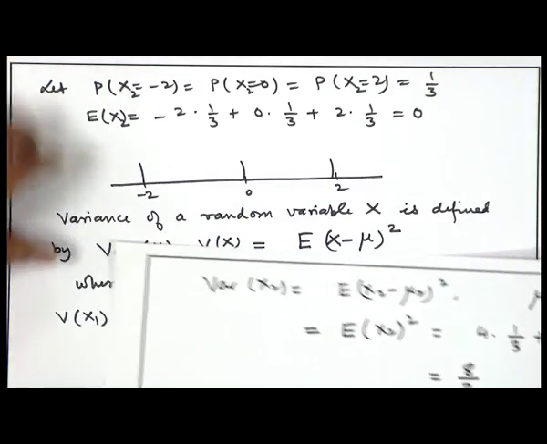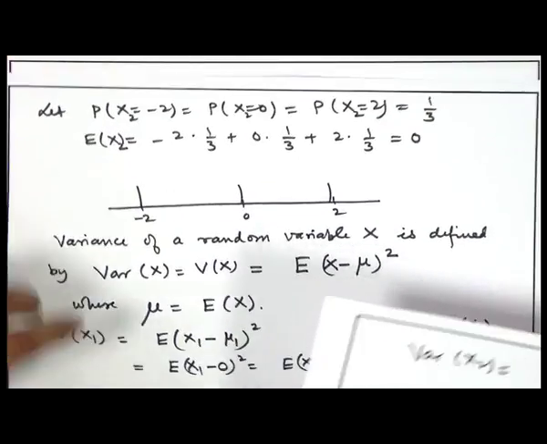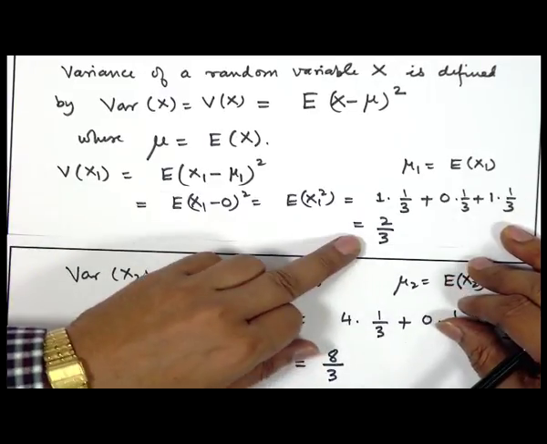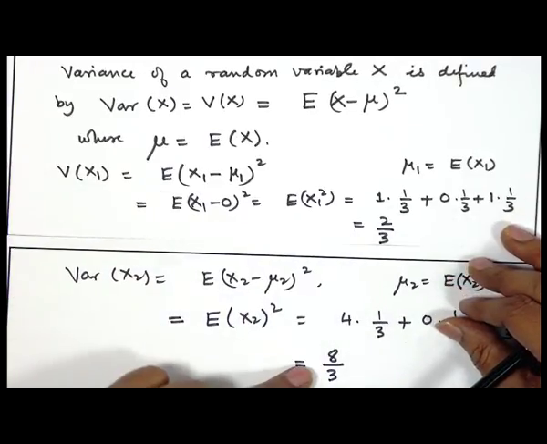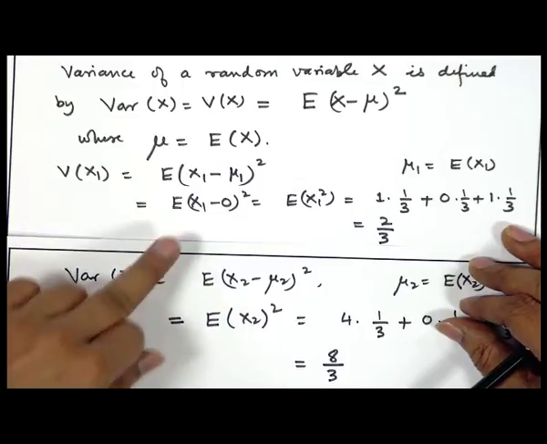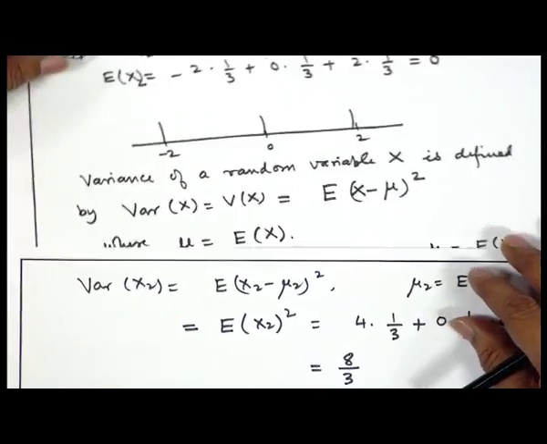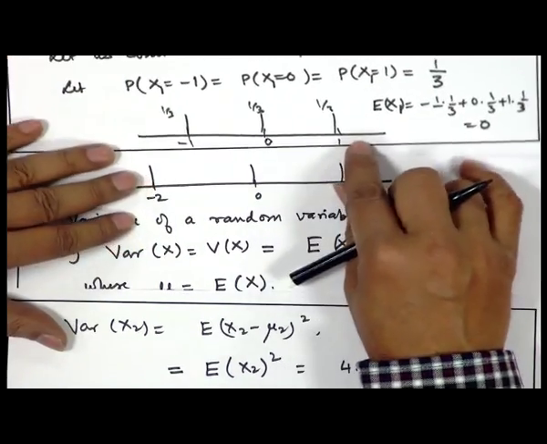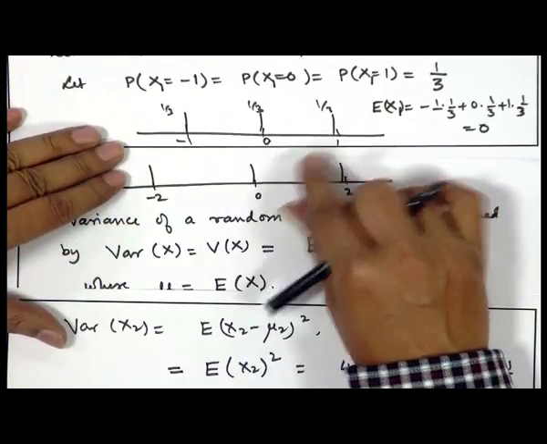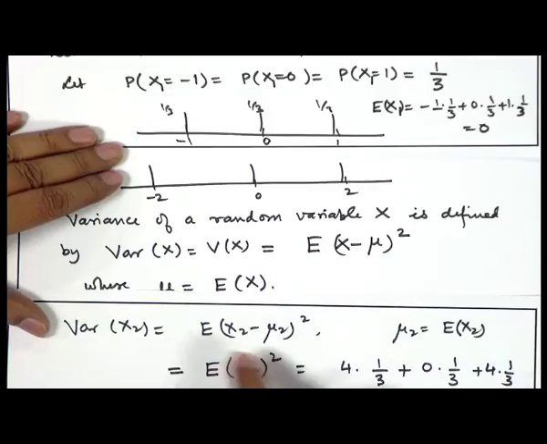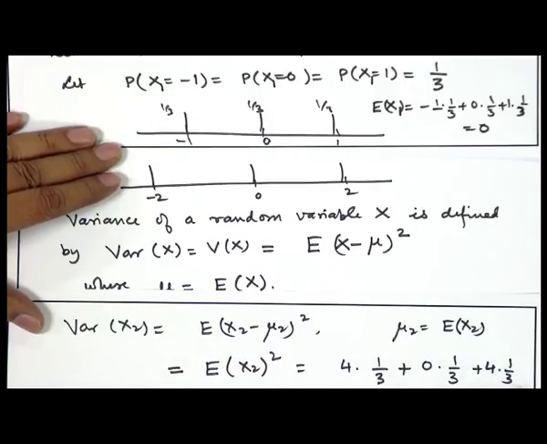So, let us compare the variance of x1 and the variance of x2. You can see here the variance of x1 is 2 by 3 and the variance of x2 is 8 by 3. Naturally, x2 has more variation than x1. So, this concept of looking at whether there is less variation or more variation can be formally studied using the term variance.